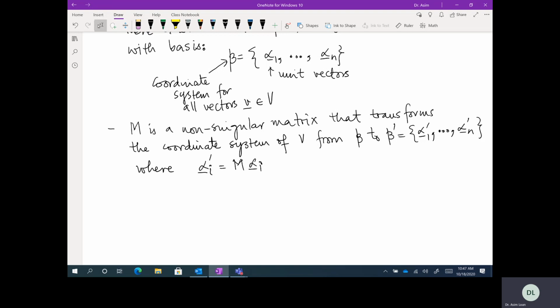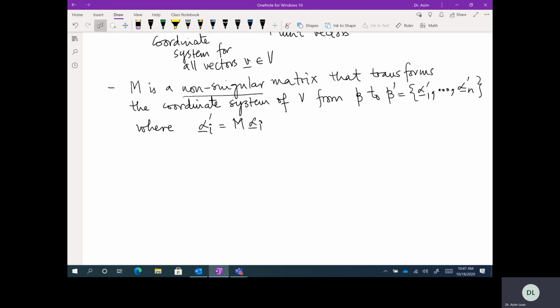So the number of vectors in the basis is fixed, but the bases are infinitely many. This is the same thing: you have some set of basis vectors alpha 1 to alpha n, which generate the vector space V. Now we have a non-singular matrix M, and we generate another coordinate system, and from there we generate V again.